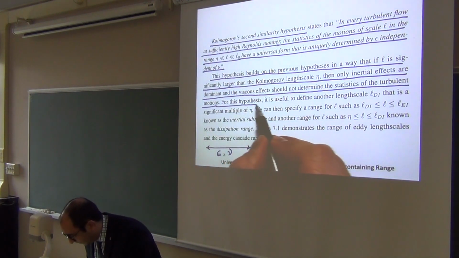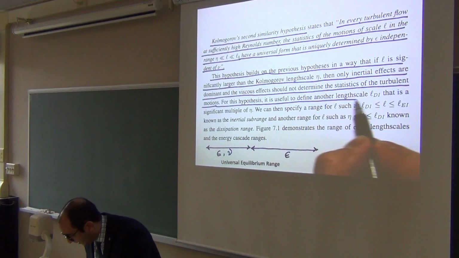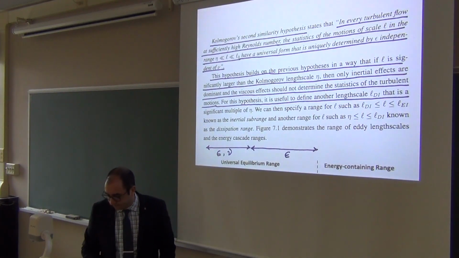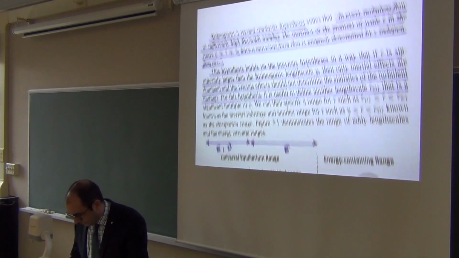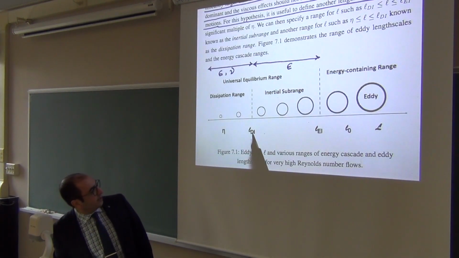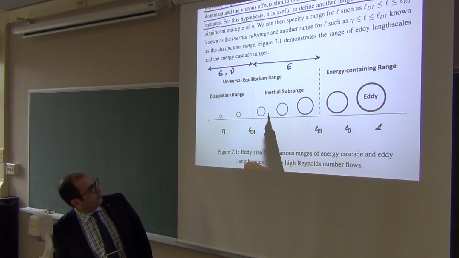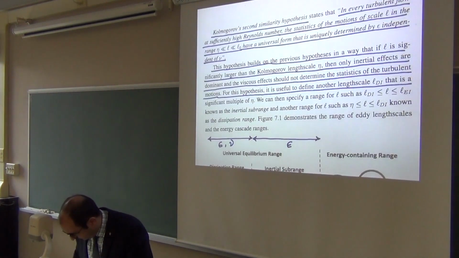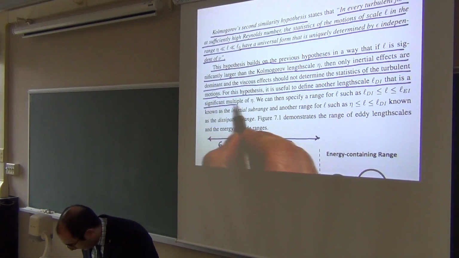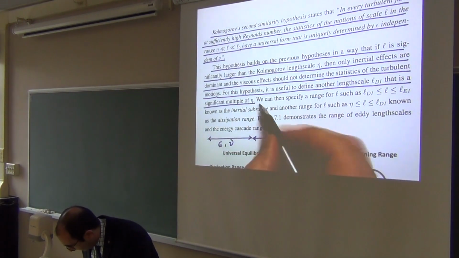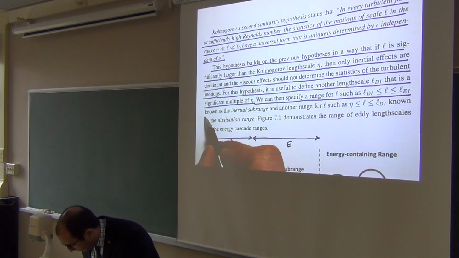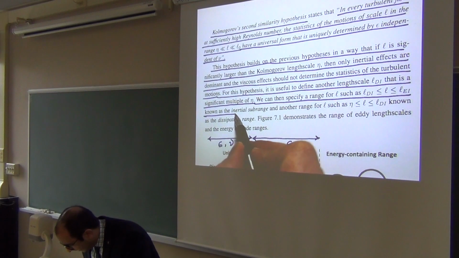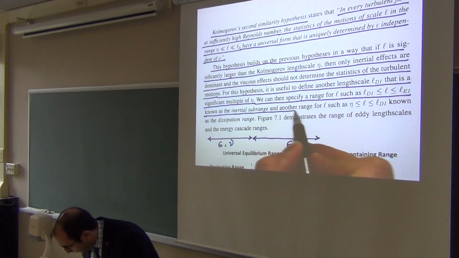For this hypothesis, it is useful to define another length scale, let's call it L_DI, which is the cutoff range for the inertial subrange and dissipation range. We can then specify the range in between these two cutoff ranges as the inertial subrange. Okay?